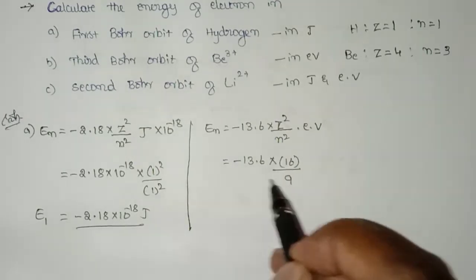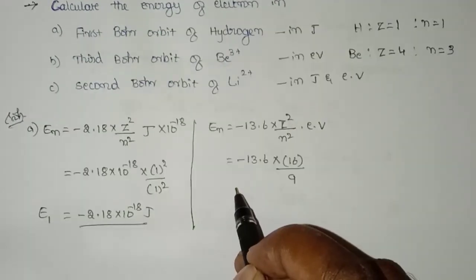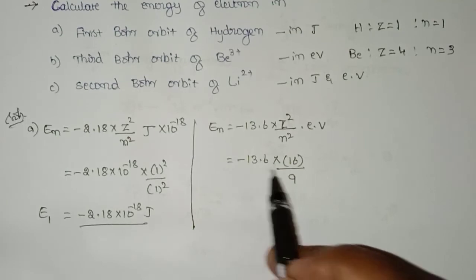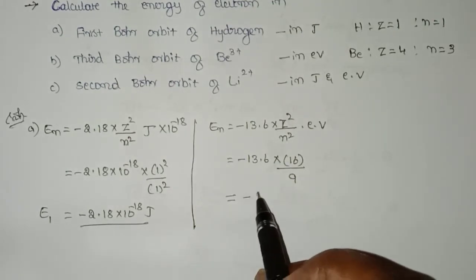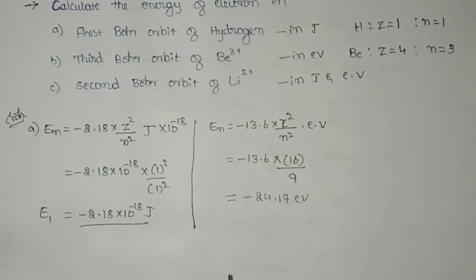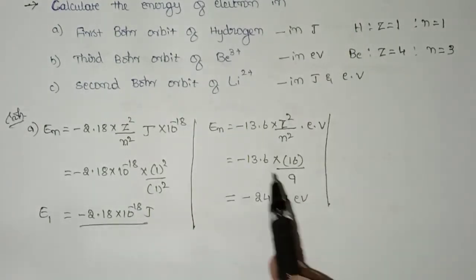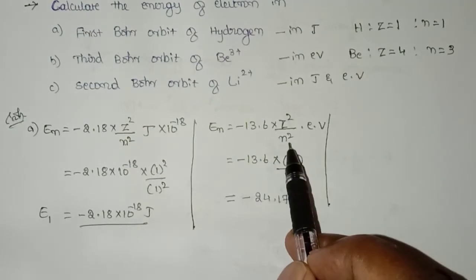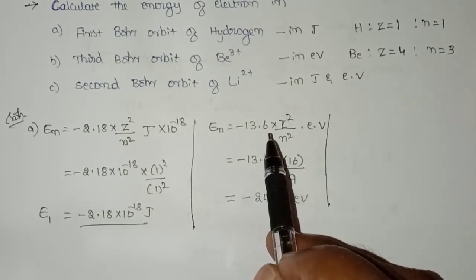If you do the calculation, the answer is minus 24.17 electron volt, which is much higher compared to the energy of the electron present in n is equal to 2 and n is equal to 1.